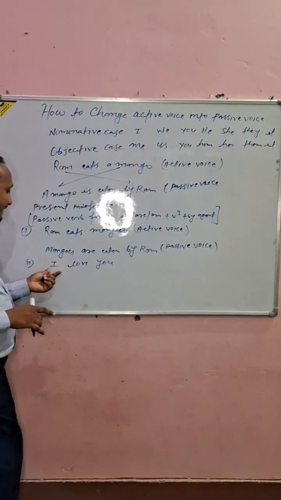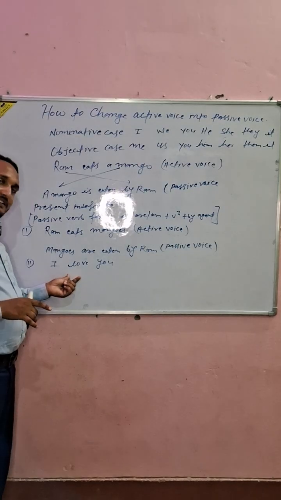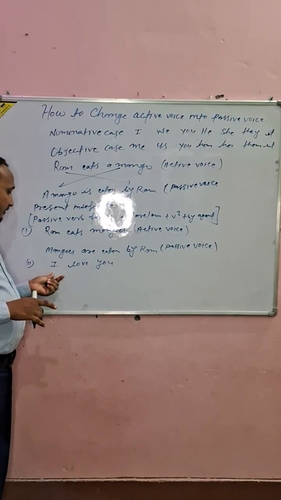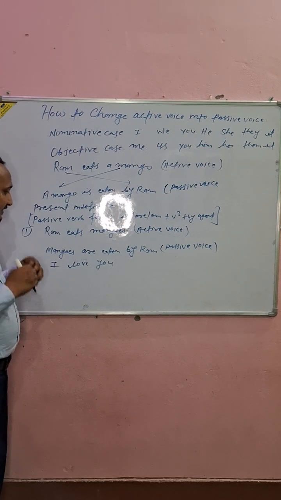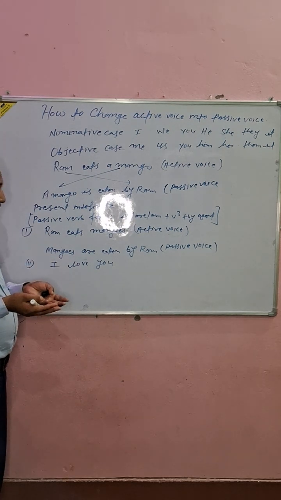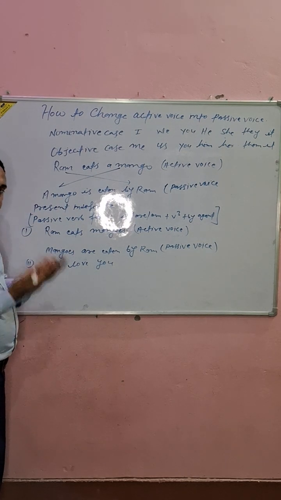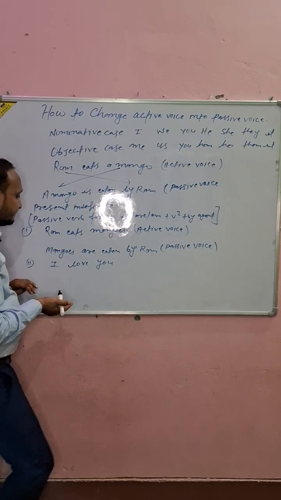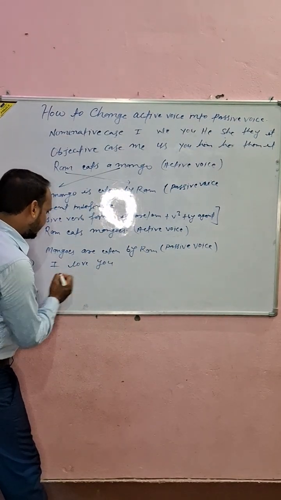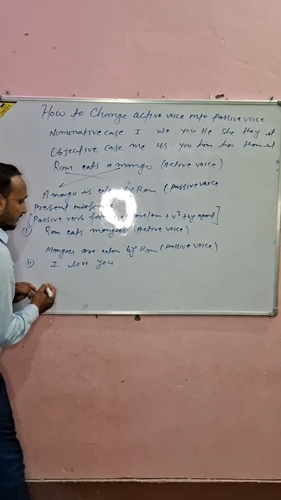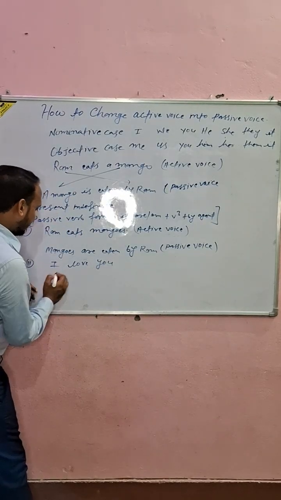Because here I is the subject of this sentence, that is the doer. The subject I is performing the action, loving you. So let's change it into passive form.